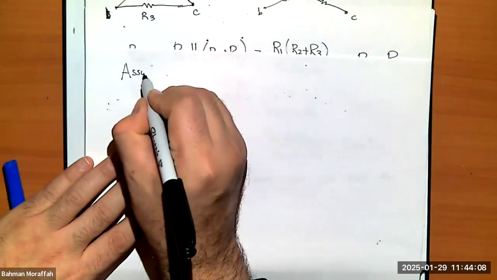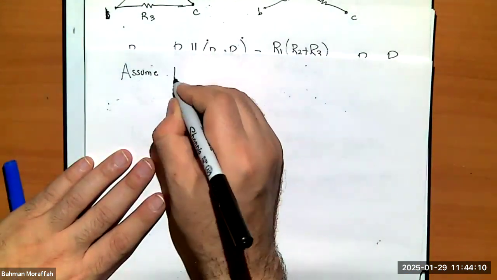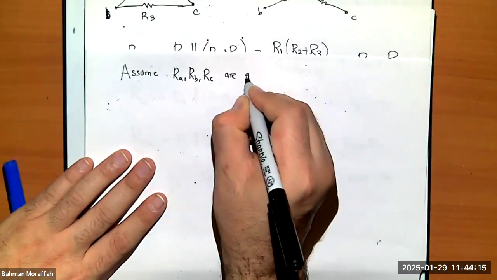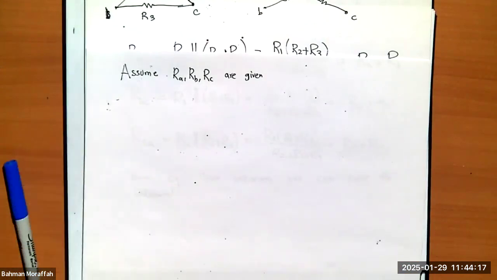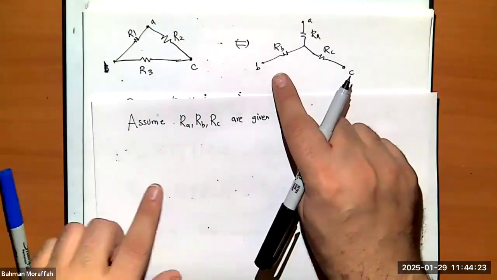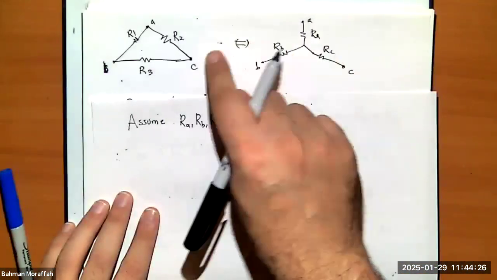Let's just assume RA, RB, and RC are given. What I'm assuming is that I am given Y, and I want to find delta.